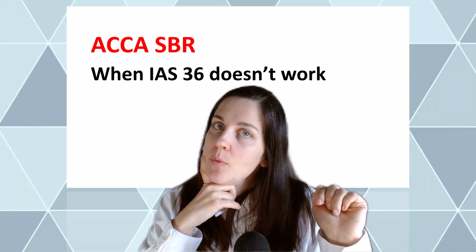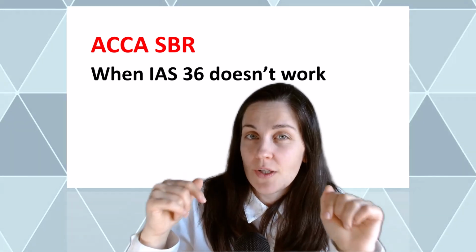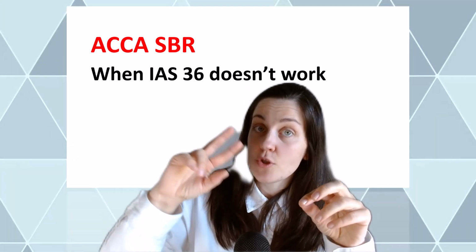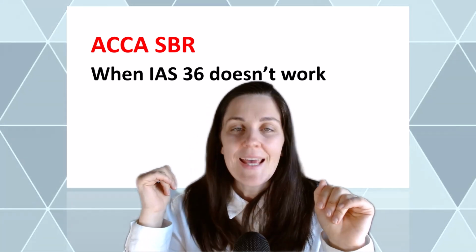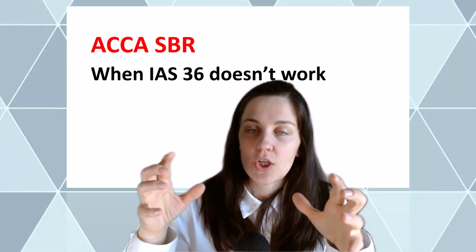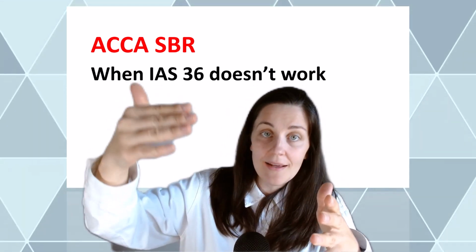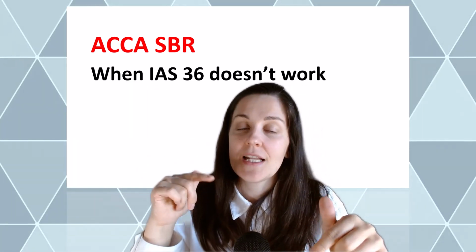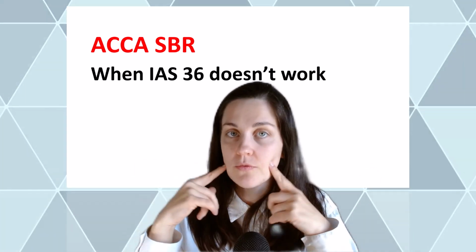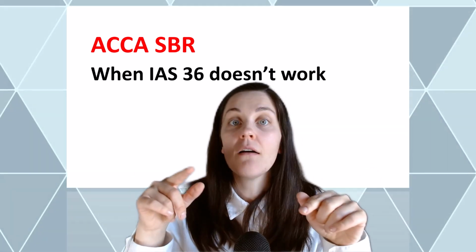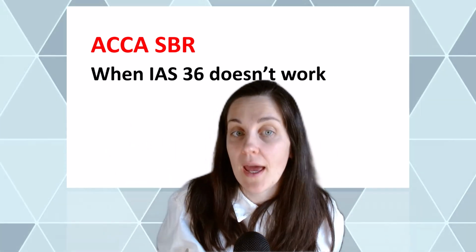And why would it be important? Because when you are going to impair assets, quite often you are going to impair not just a single asset, but a cash generating unit. In this very case, you are going to take the impairment and then you are going to allocate it. And those cases that we have just discussed, and a couple of more cases, are not going to be participating in this allocation.